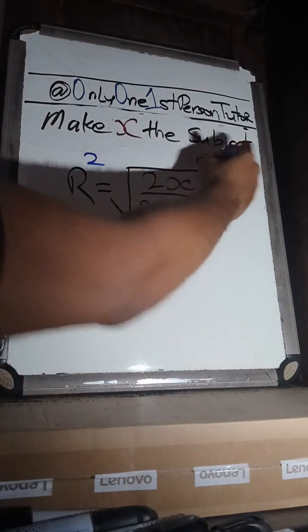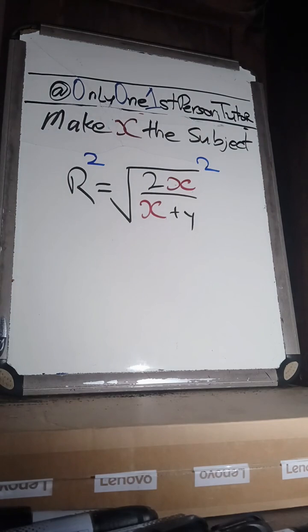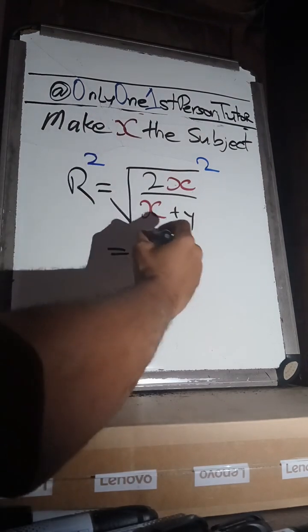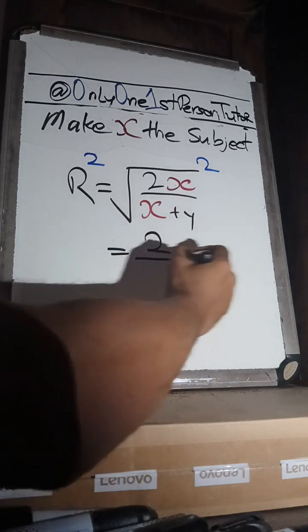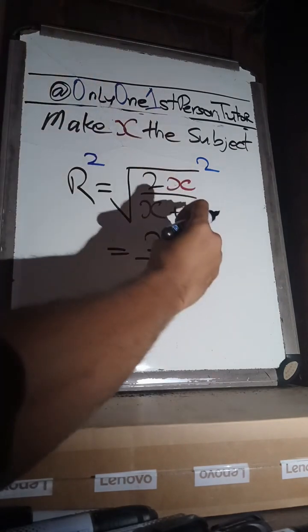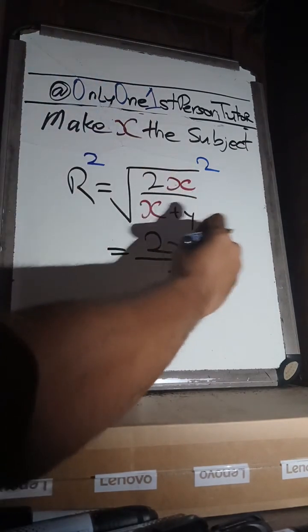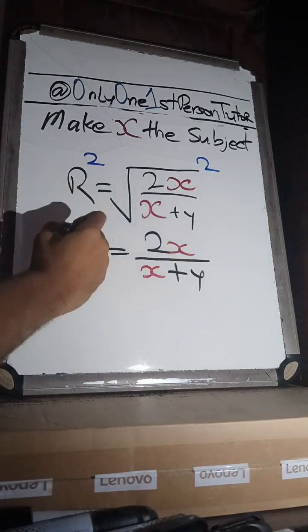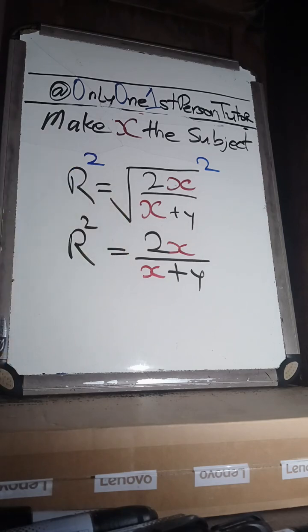So let's square this and square that. So now we're left with 2x over x plus y is equal to big R squared.